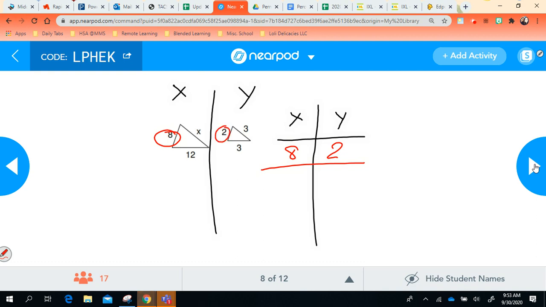Make sure you're matching it up with the same side on the other shape. Okay, X. What matches with my X on the other shape? 3. So I'm putting 3. Last one, 12. What matches up on the other side? 3.